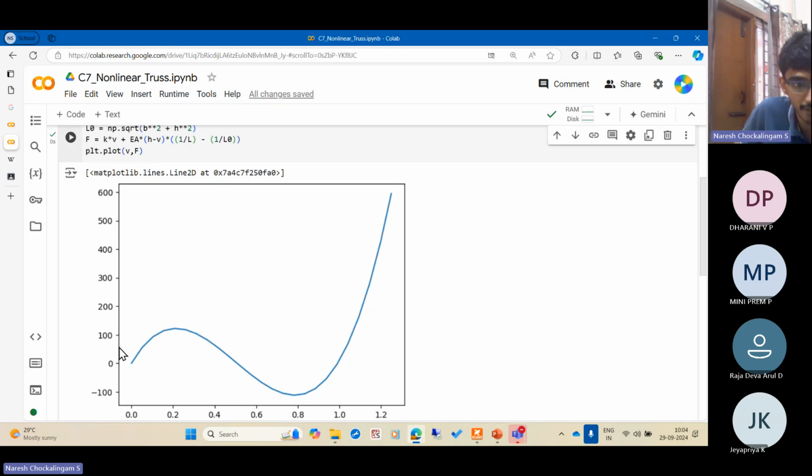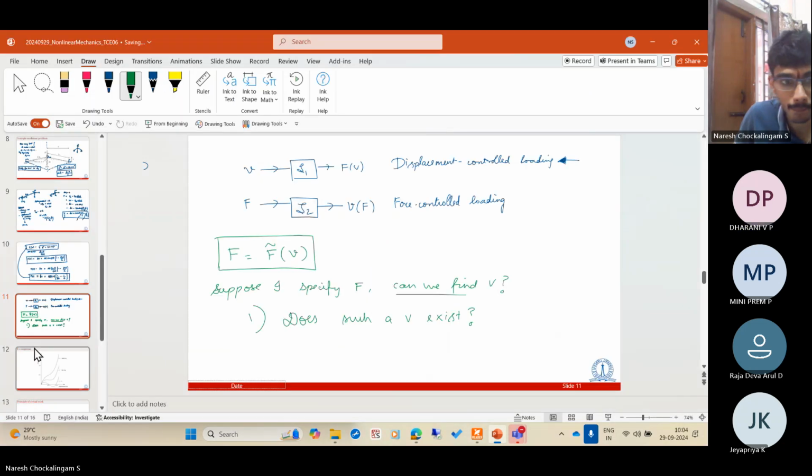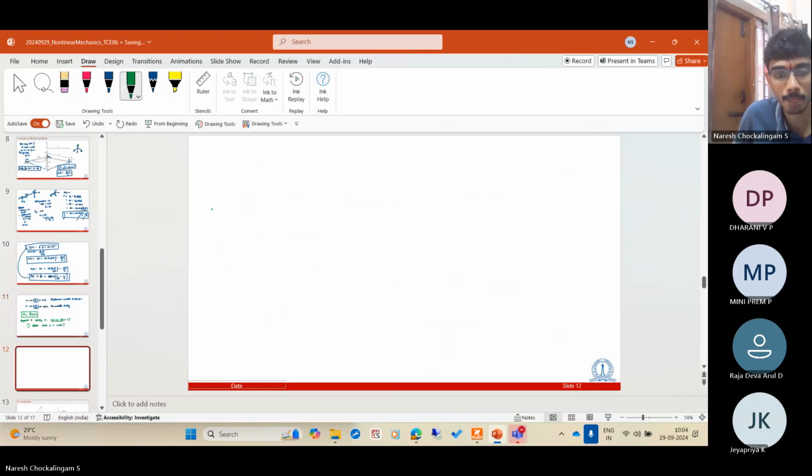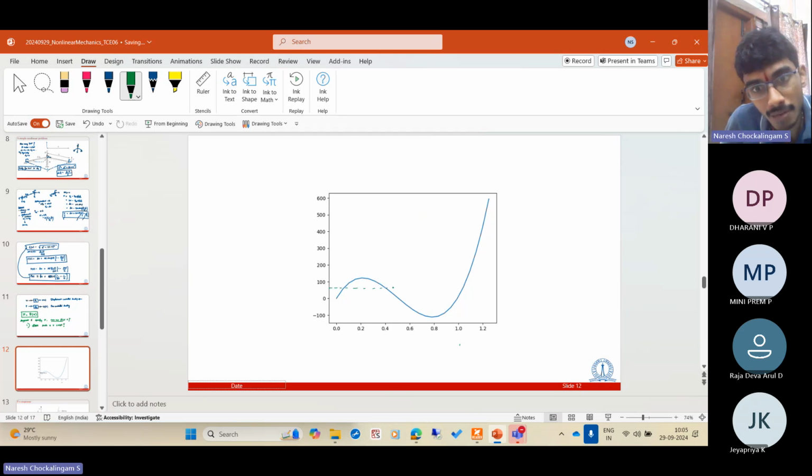So if you take 50 newtons, at 50 newtons, I am able to have a displacement of something around 0.6 or 0.7. Then I'm having a displacement of 0.2 or something. And I also have a displacement of about 1.5.